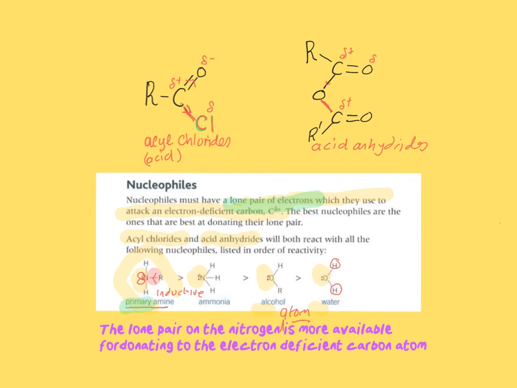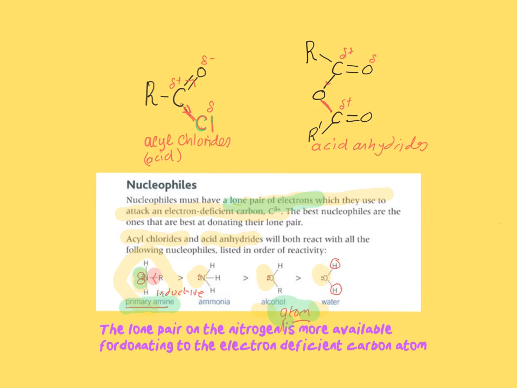So primary amine is a much better nucleophile because it's to do with the availability of the lone pair on the atom that is behaving as a nucleophile. In this case, in a primary amine, the lone pair on the nitrogen atom, make sure you get the word atom in there, is more available for donating to the electron deficient carbon atom because of something called the inductive effect.